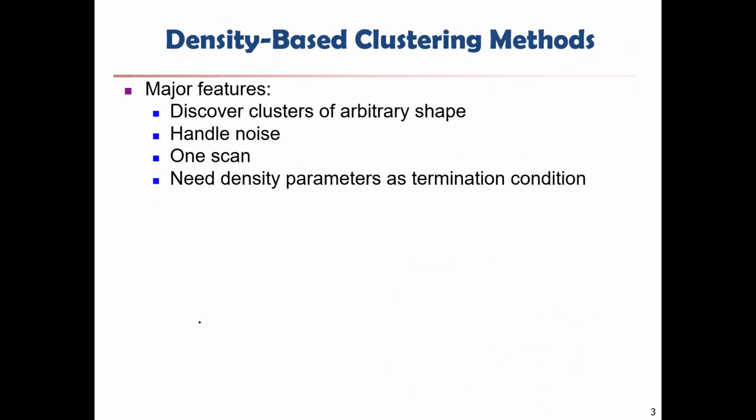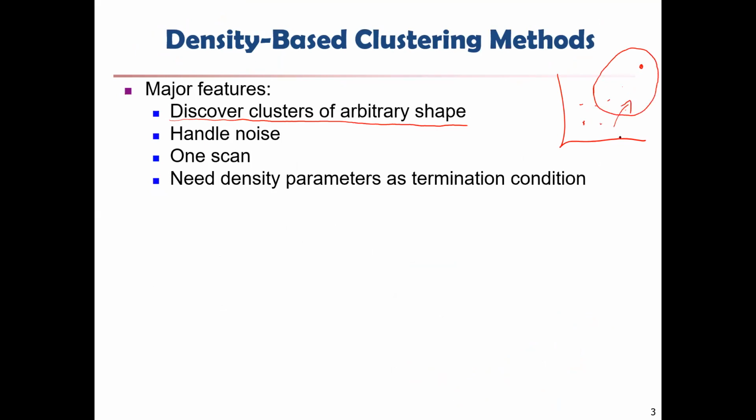Okay, so let's move on. The main features of this kind of clustering method are that, again, they are able to discover clusters of arbitrary shape, and they can handle noise. So if you recall your k-means, this data point over here would shift the cluster in that direction.